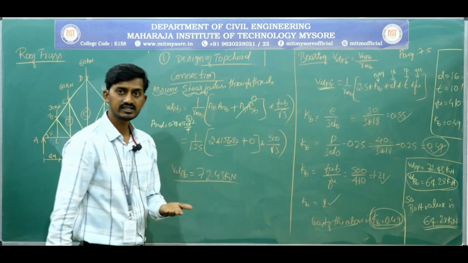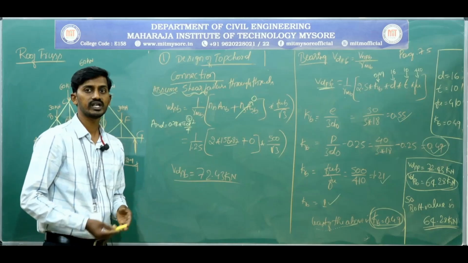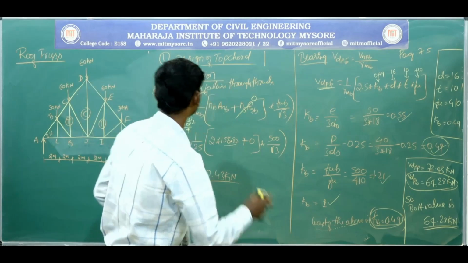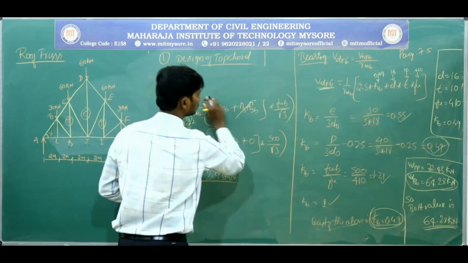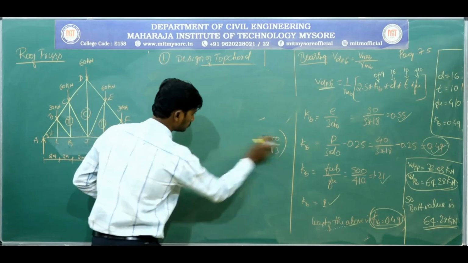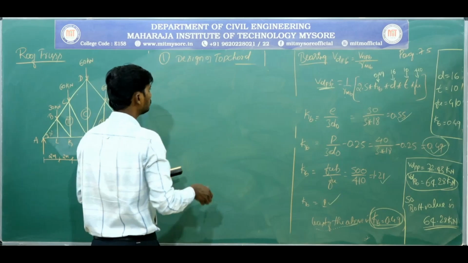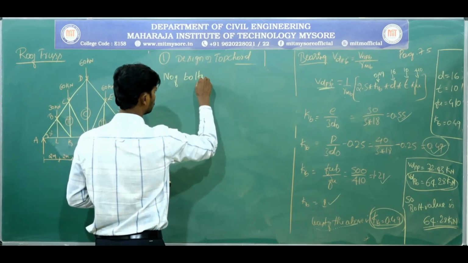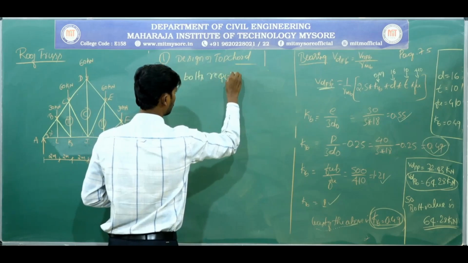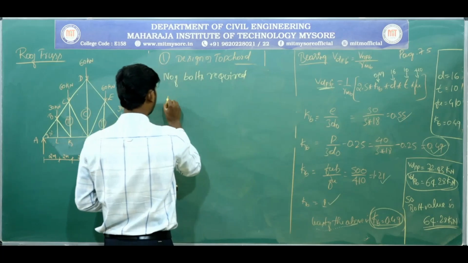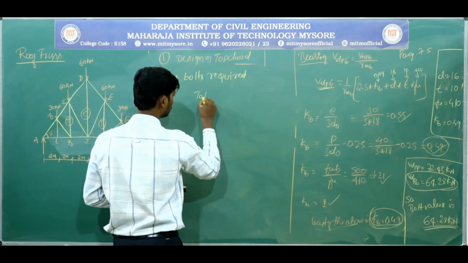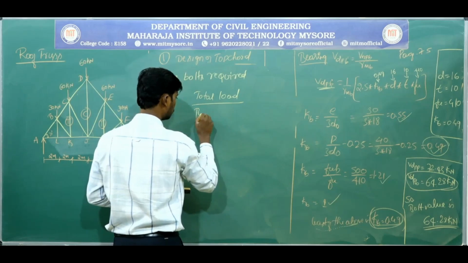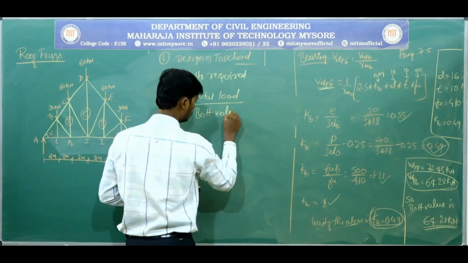So now what is the next step? How many bolts do we require to satisfy the load? So what is the load coming? I'll write here. Number of bolts required is total factored load divided by bolt value.